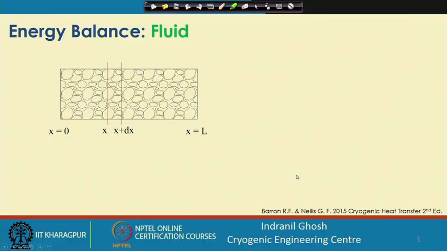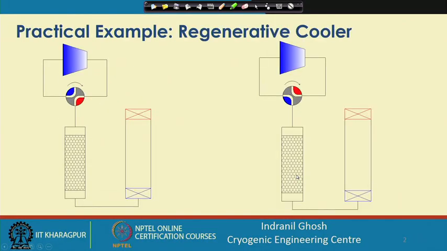For that we have taken an example of a cryogenic application, the pulse tube refrigerator, where we find a thin walled empty tube periodically pressurized and depressurized.